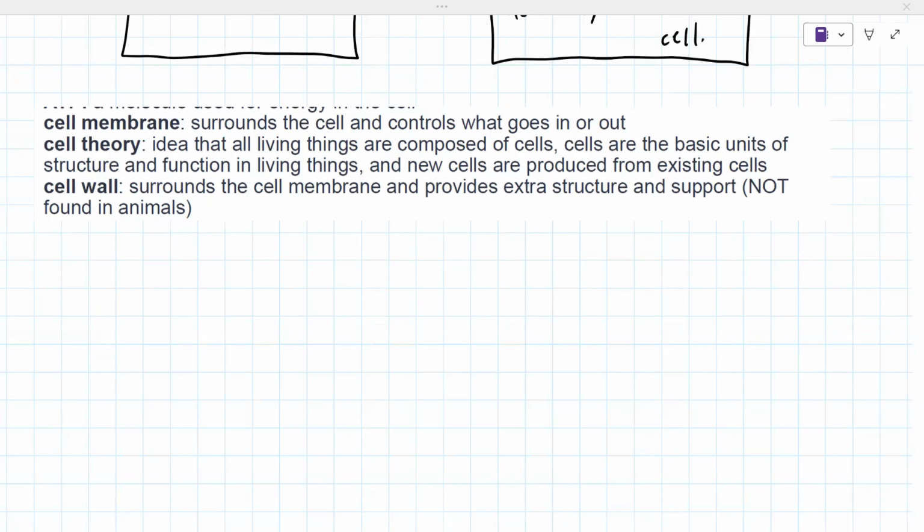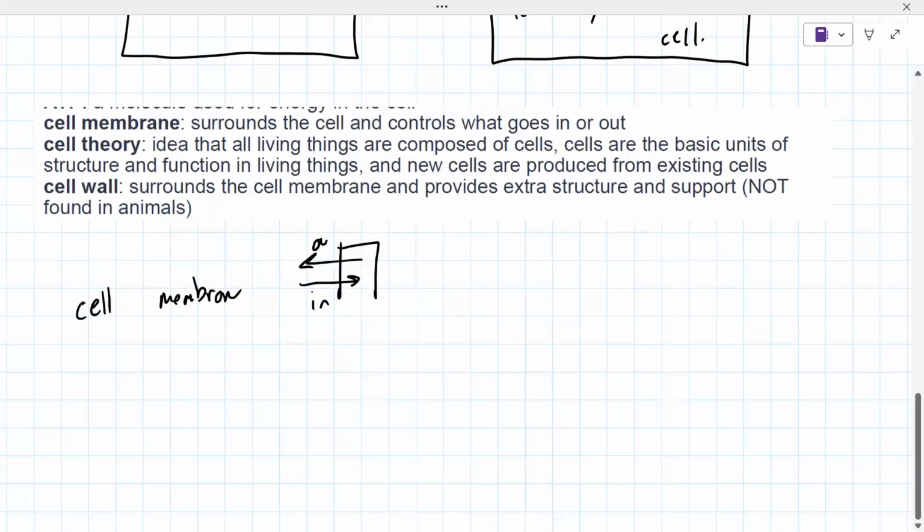What controls what goes in or out of your home? Generator. Okay, I don't think you understand my question. Do you ever leave your home? Do you ever go outside? Yeah. Okay, how do you get outside? What do you go through? A door. A door. Cell membrane is like a door. It controls what goes in and what goes out.